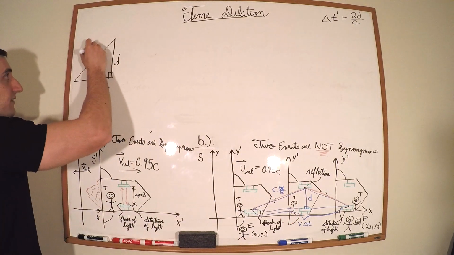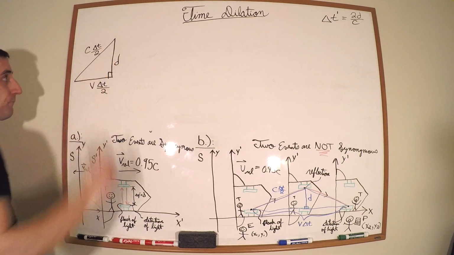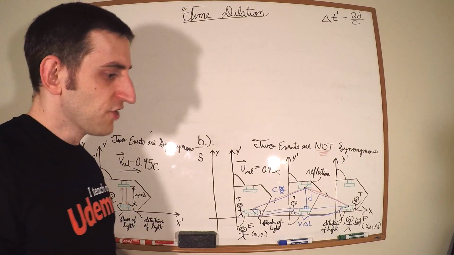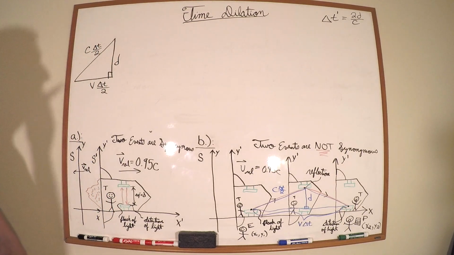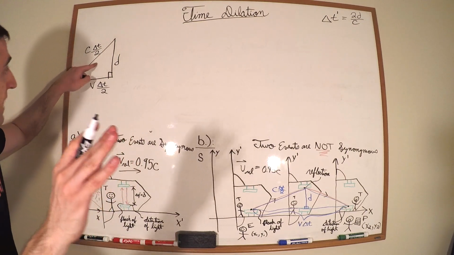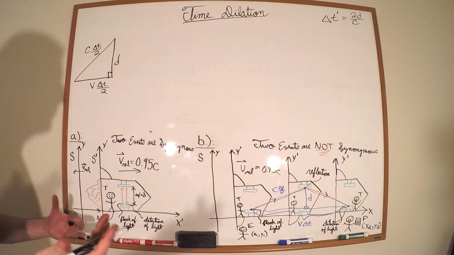So if we take that and go like so, we get this triangle here, and we can do some nice trigonometry, okay? We know that this squared, using the Pythagorean theorem, is equal to this squared plus that squared. So let's do that, okay?